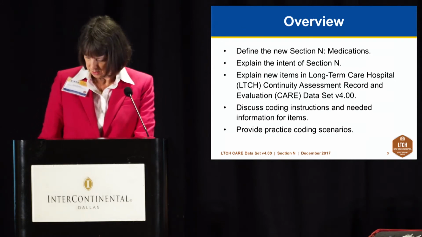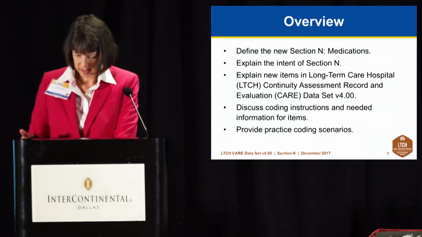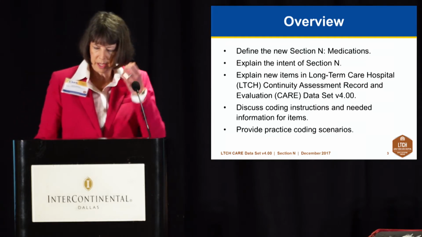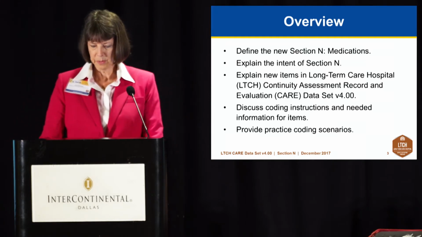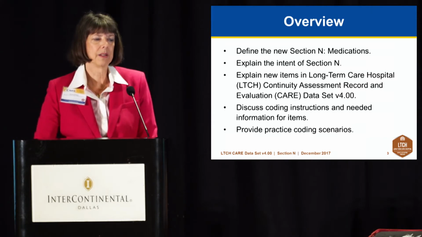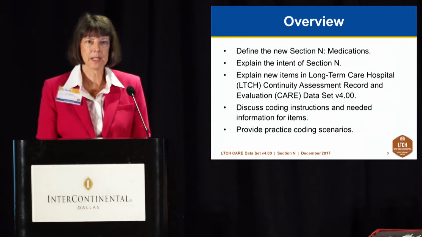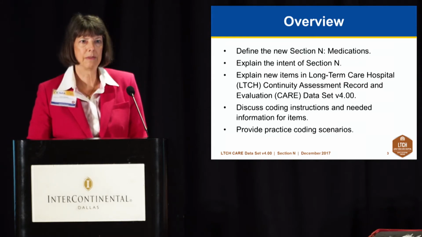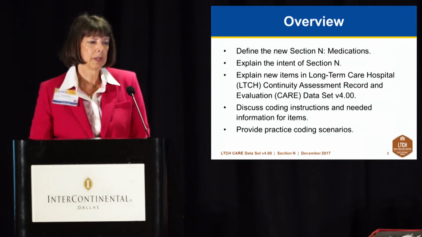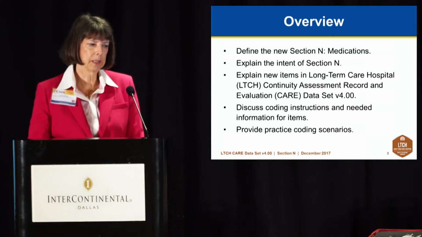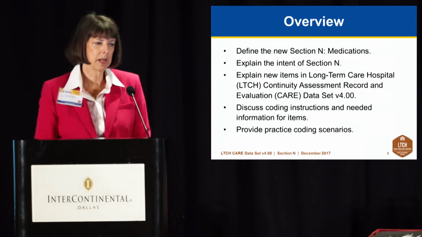So let's look at what we'll be reviewing here. First, we're going to define the new medication section, and we'll be explaining the intent of section N. We'll explain the new items that are now contained in the long-term care hospital continuity assessment record and evaluation.